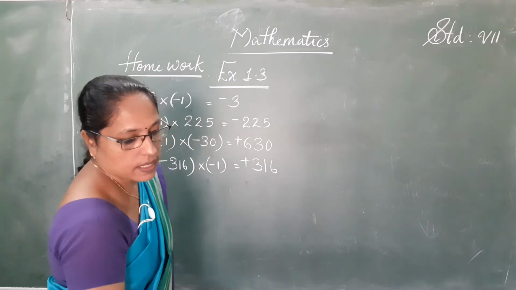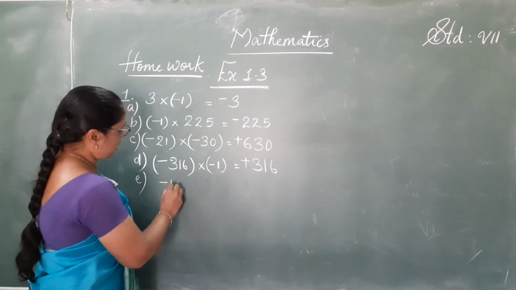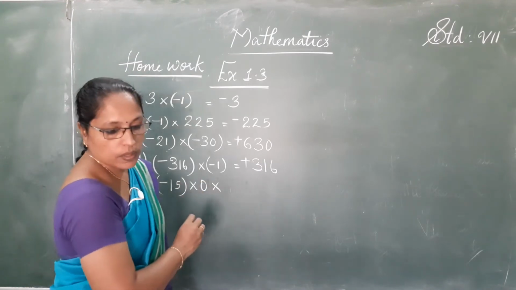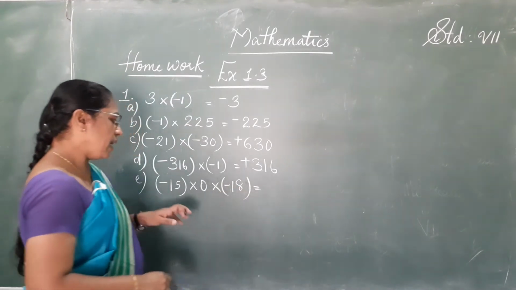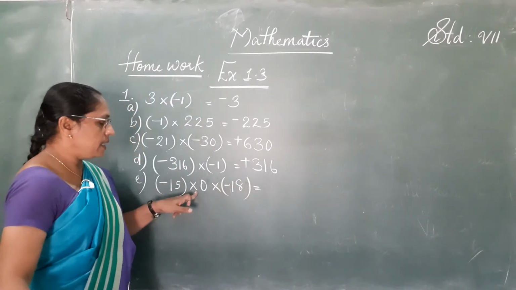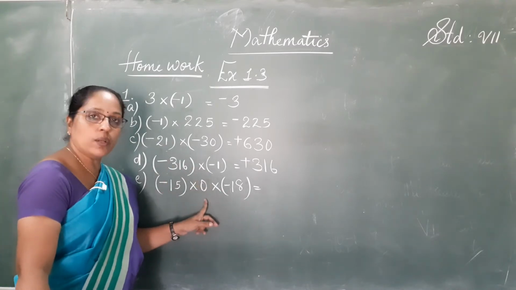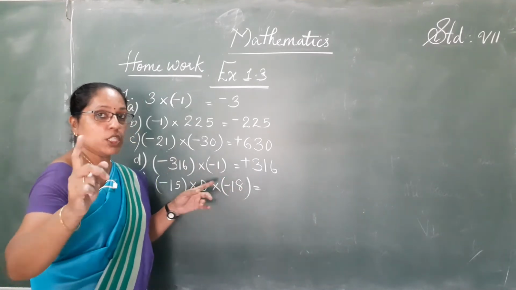Next, E part: -15 into 0 into -18. Here we need to be very careful. We can see three integers, and one of them is 0.